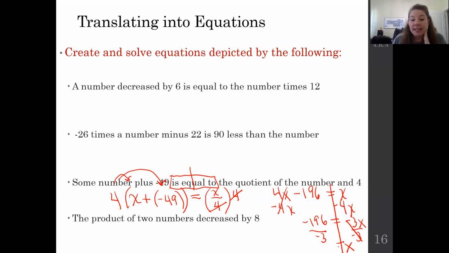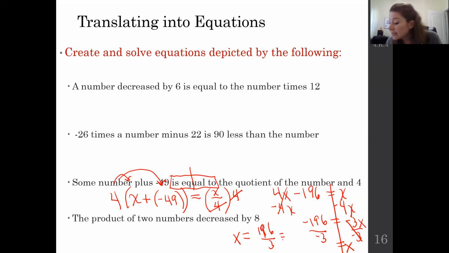So x is equal to, and 196 divided by 3 is, oh, it's not pretty, is it? So anyway, we could leave it in this form, except that a negative divided by a negative is a positive. So x is equal to positive 196 over 3.